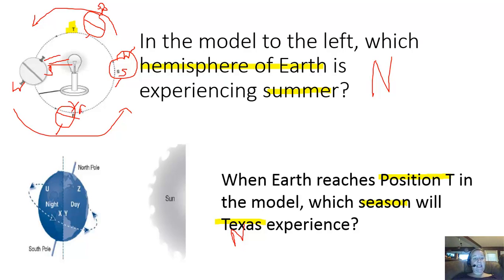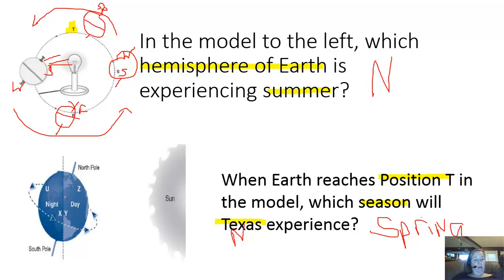And I know that in Texas, I am going to be experiencing spring. Again, that's just drawing it out. When in doubt, draw it out. I have to draw out my seasons to really know what I'm answering.